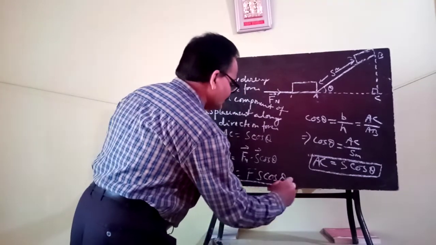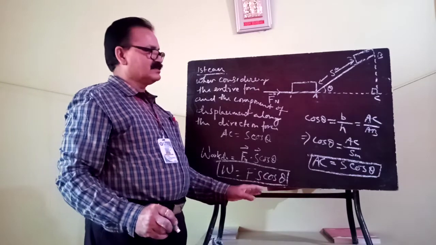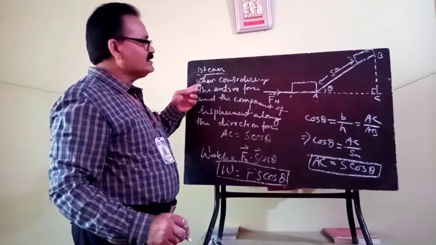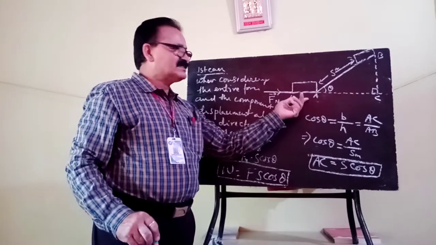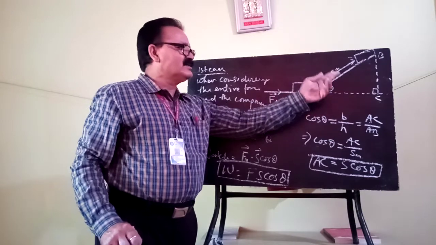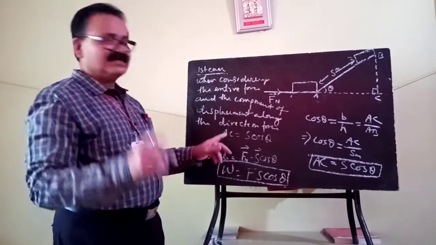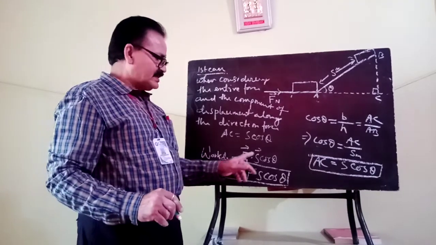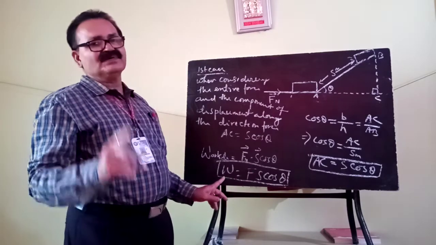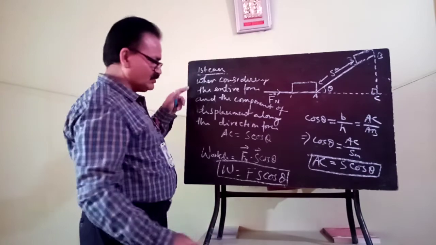This is the derivation when we consider the entire force acting on this body, and then we take the component of displacement along the direction of force. Then the product of the force and the component of displacement will give you the amount of work done. Clear?